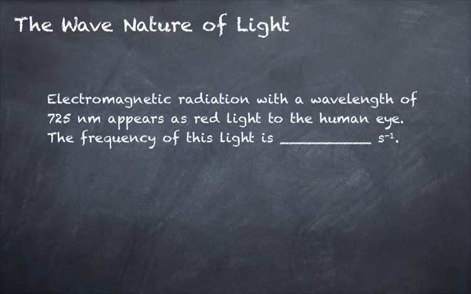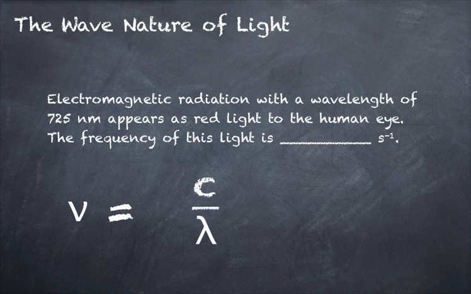So let's look at an example. Electromagnetic radiation with a wavelength of 725 nanometers is red. What's its frequency? So you're going to start with the formula: I have the frequency, which is what I'm trying to find. So I have the speed of light, and I'm going to divide by the wavelength that was given.